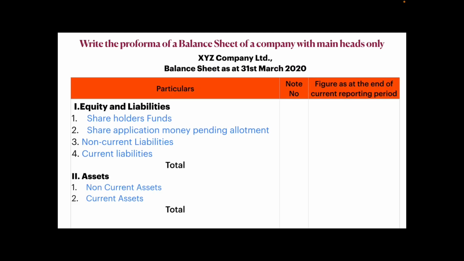Okay, to the next practical oriented question, that is, write the pro forma of a balance sheet of a company with main heads only. So students, for this question, you need to prepare the balance sheet as per Schedule 3 of Companies Act 2013. So let's begin. XYZ Company Limited, balance sheet as of 31st March 2020. So here you have the 5 major heads.